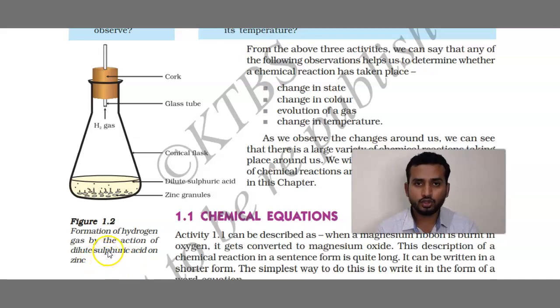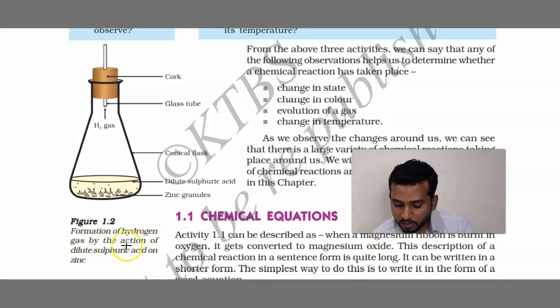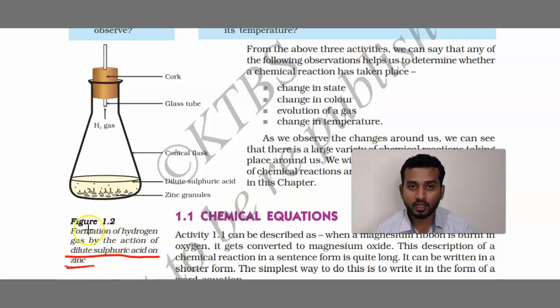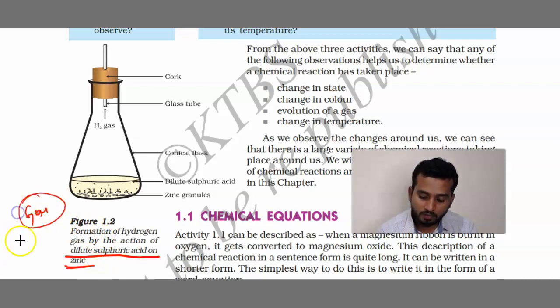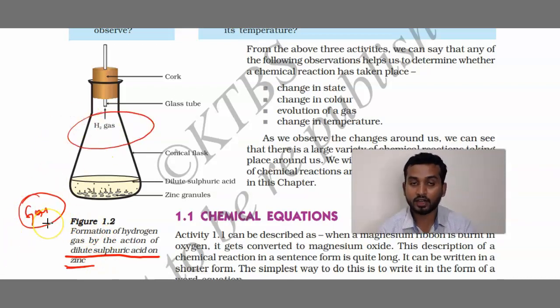That is the usual question. Write the balanced chemical reaction. But here the question is, when dilute sulfuric acid reacts with zinc, which type of gas is evolved? Hydrogen gas.